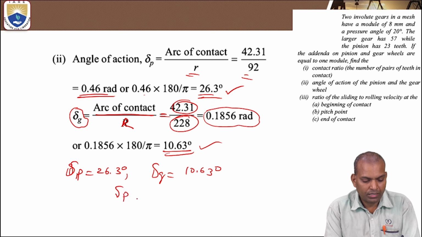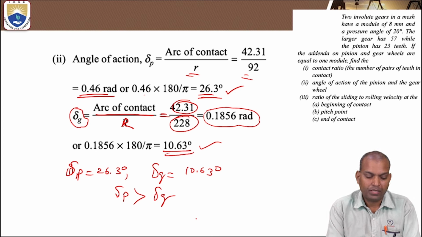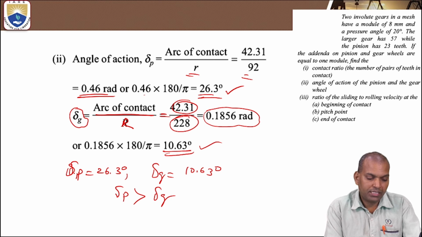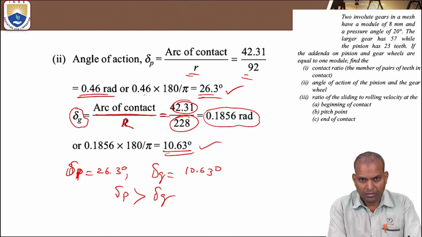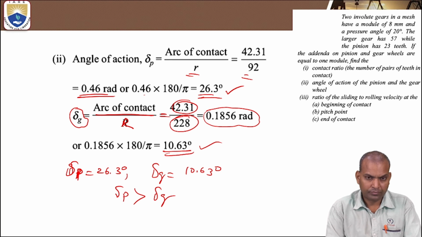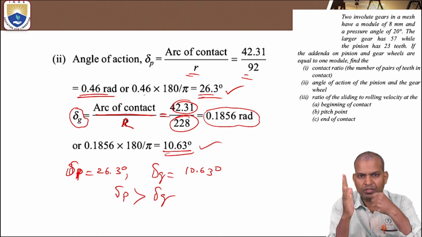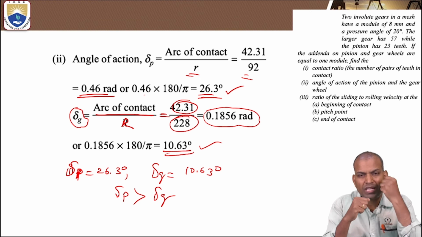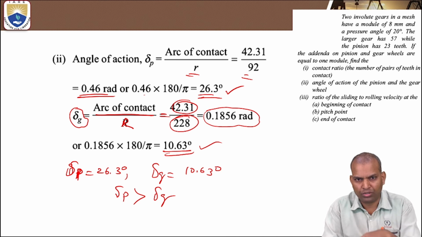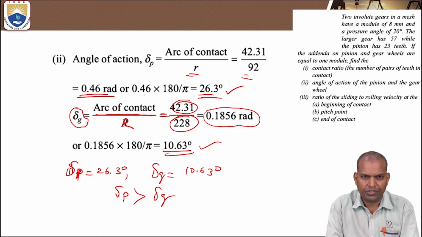The pinion angle of action is greater than the gear. Why? Because the pitch circle radius of the pinion is smaller than that of the gear. When a smaller fist is in contact with a larger fist, the smaller fist's angle of contact is more in comparison to the larger fist.